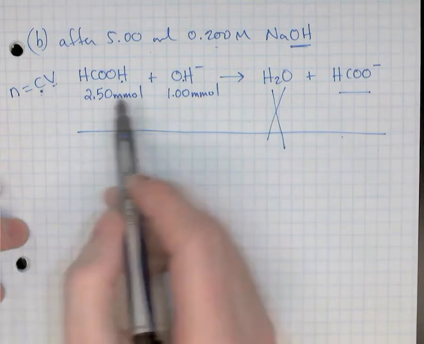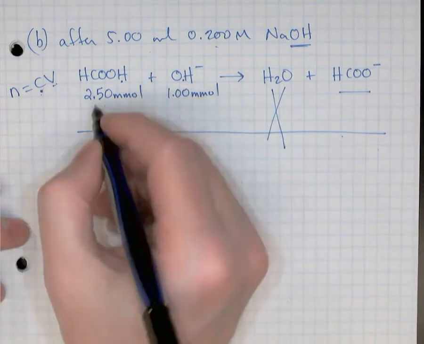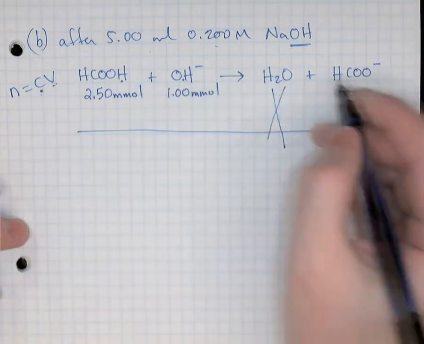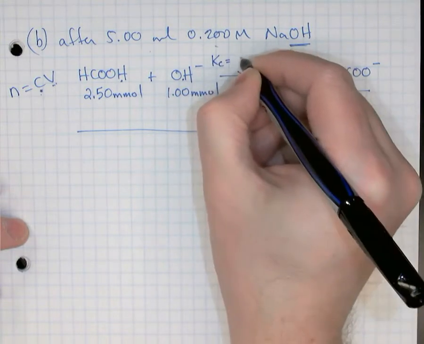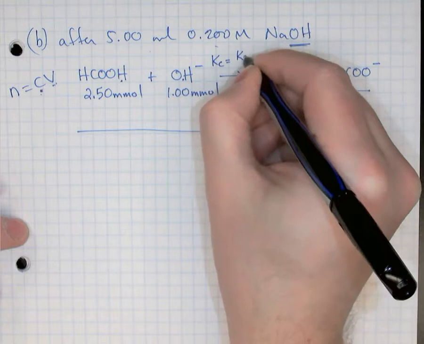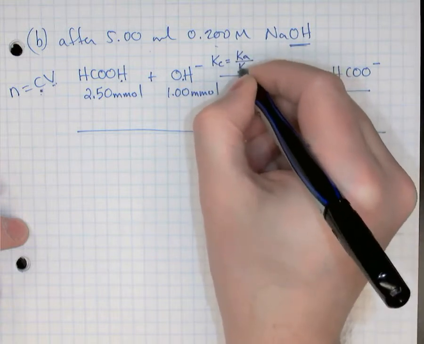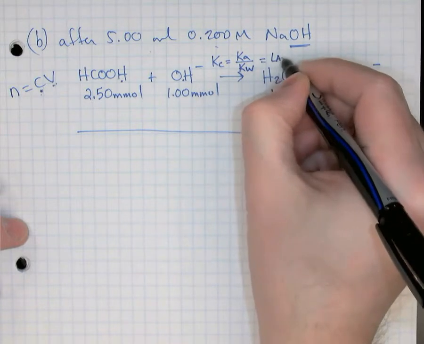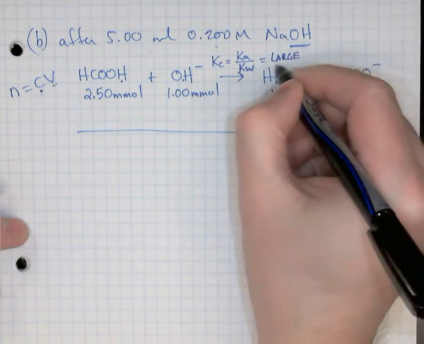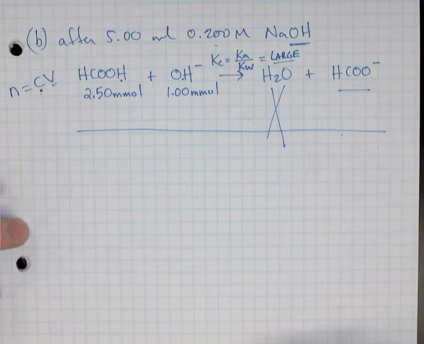And now this is a neutralization reaction. We're not going to prove it here, but the Kc value is equal to the Ka value of the weak acid divided by Kw. That can be shown, which is a very large value. Neutralization reactions always have large Kc values.